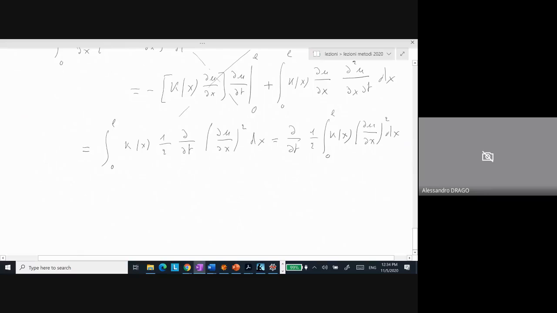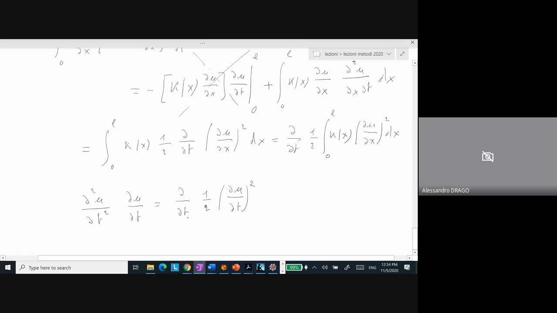So the first term contains a second derivative respect to time multiplied by a du over dt. And I can rewrite in a similar way as a derivative respect to time of 1/2 du over dt squared.